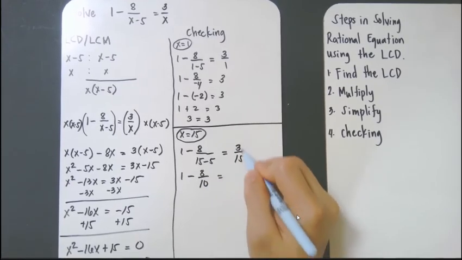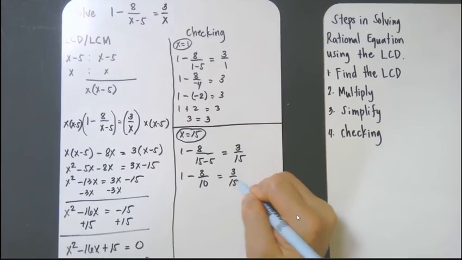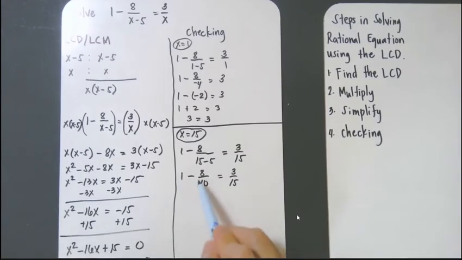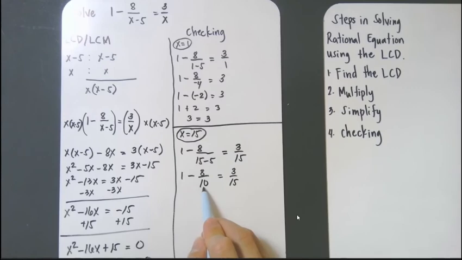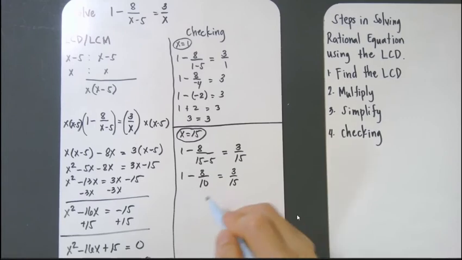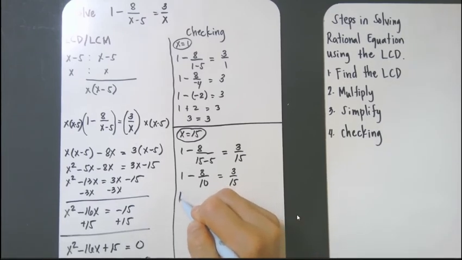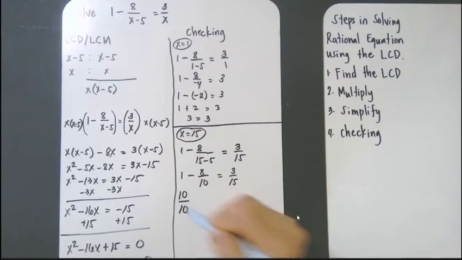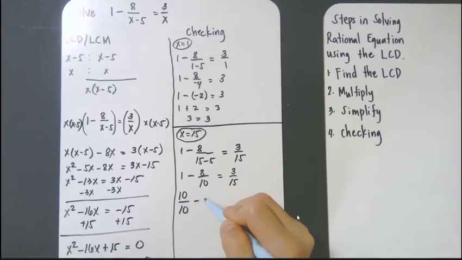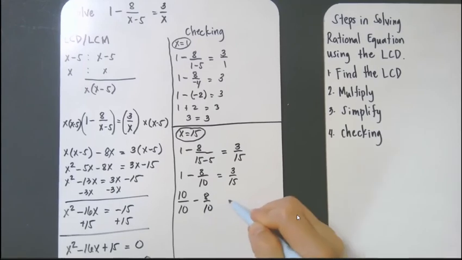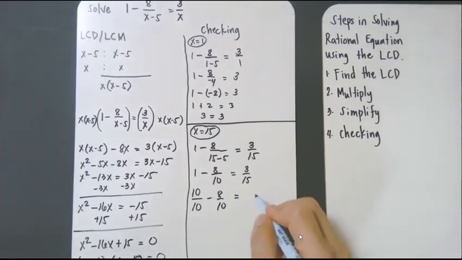Is equal to 3 over 15. Now, how do we do this? That's 1. So we just need to get the same denominator here. So 1, we can change 1 into the fraction form, wherein we have a denominator of 10, and that is 10 over 10 minus 8 over 10, which is equal to 3 over 15.